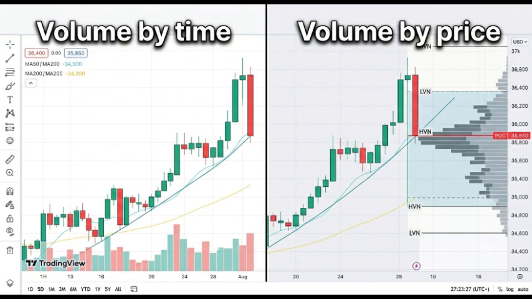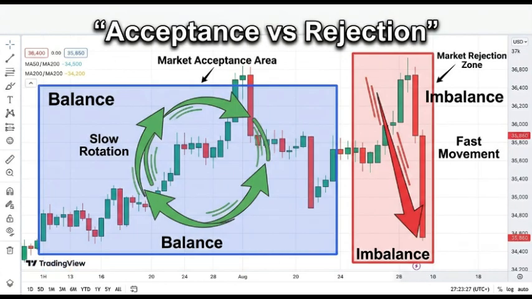This is why volume profile is not just another indicator. It is a way of reading market structure from a different angle. Now let me explain why this matters in real trading. When price spends a lot of time and volume in one area, the market is showing acceptance.